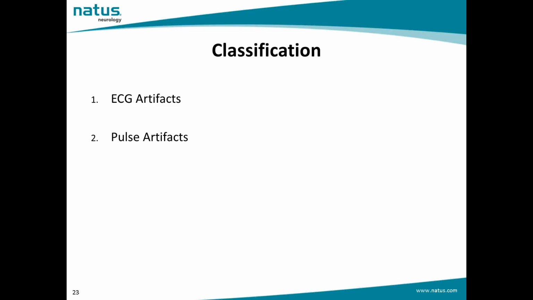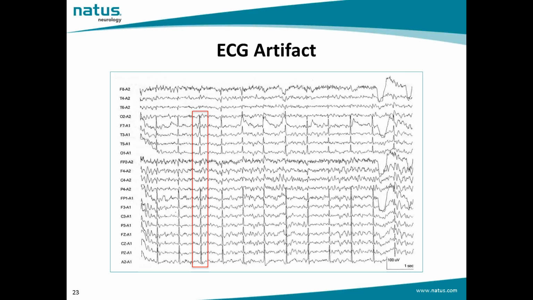The ECG artifact is generated by the electrical activity of the heart that is reflected into the EEG activity. The pulse artifact is generated by the mechanical activity, and it arises from the circulatory pulse and may also be considered a type of electrode artifact.